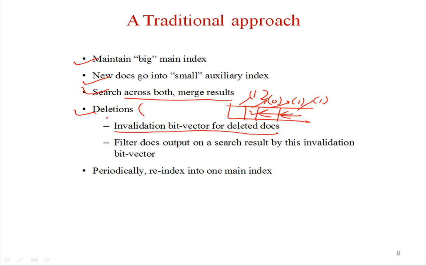So use an invalidation bit vector for deleted documents, and filter the search results by this invalidation bit vector. Means in case of a search result, just check whether the invalidation bit is 1 or 0. If it is 1, then we can return that particular result, and then periodically re-index into the main index, and we can merge the auxiliary index into the main index by refining it.